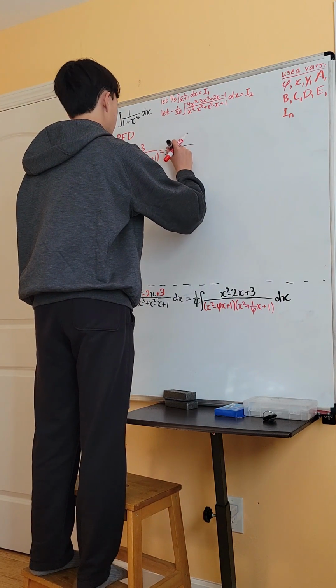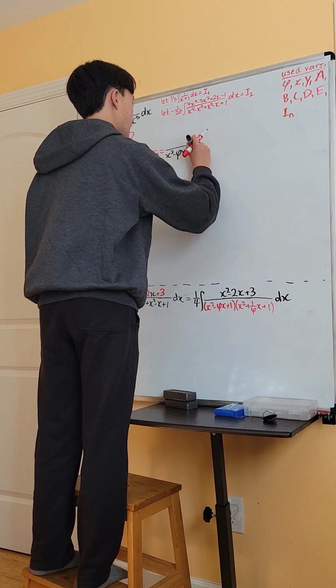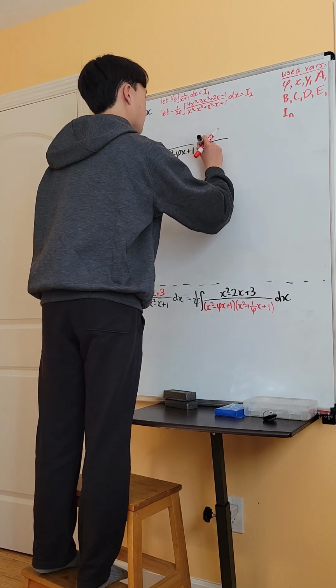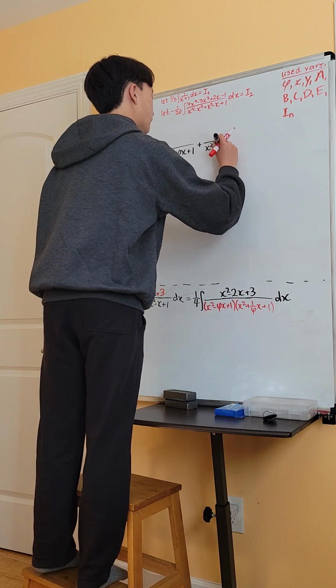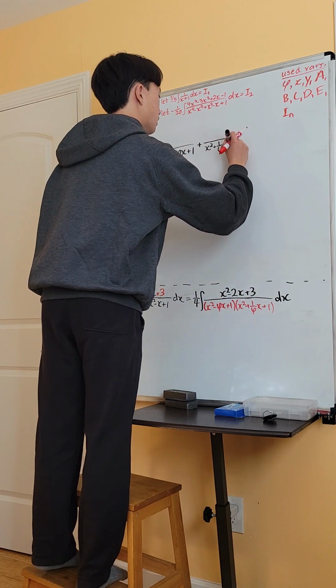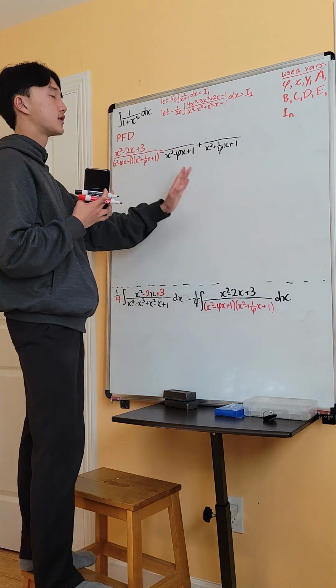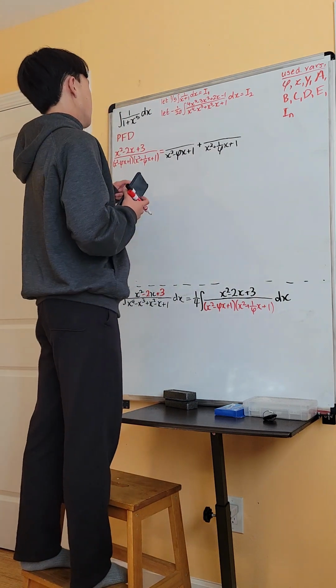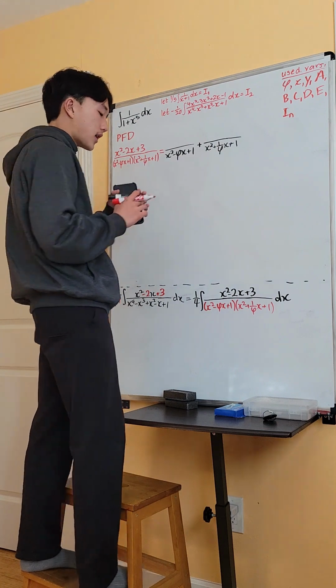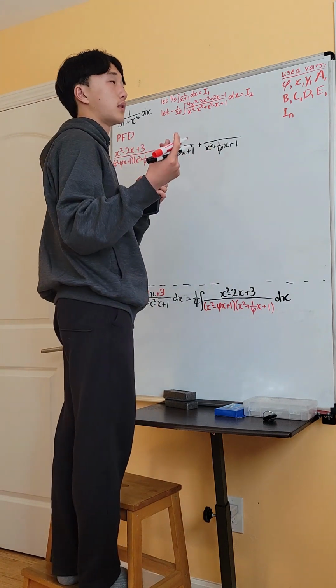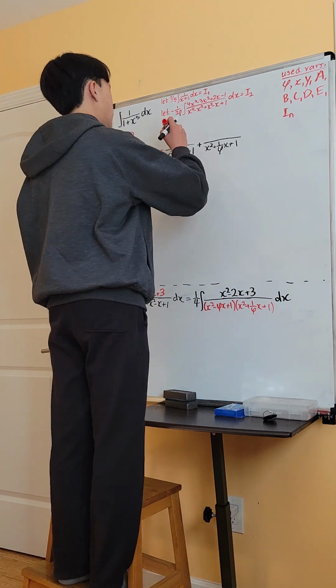You got x squared minus 5x plus 1, and then x squared plus 1 over 5x plus 1. Now this is going to be pretty difficult. And because there's quadratics on the bottom, we now want a polynomial with 1 degree less on top. So we want linears on top.